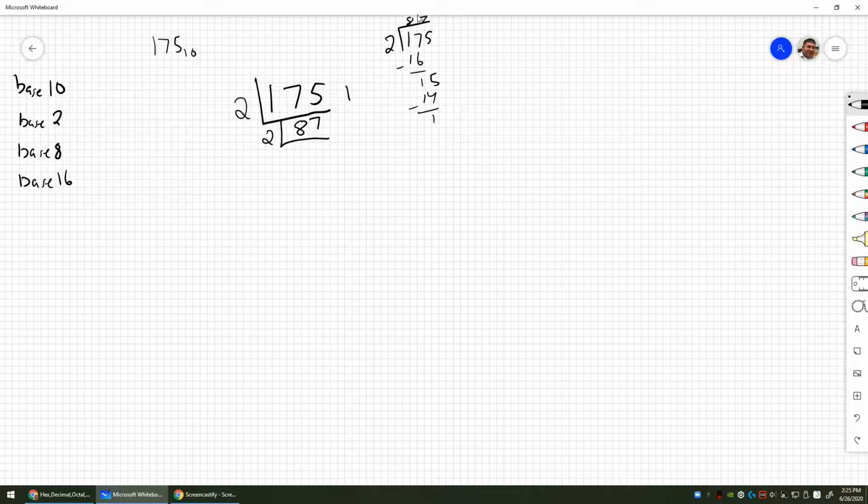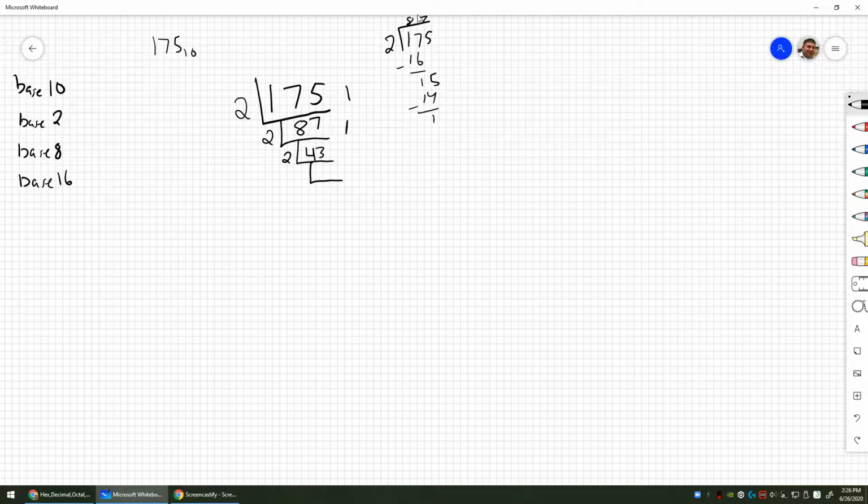87 divided by 2, I believe that's going to be a 43. 43 times 2 is 86. So yes, that's right. With a 1 as a remainder. I have 1 left over. It's my remainder.